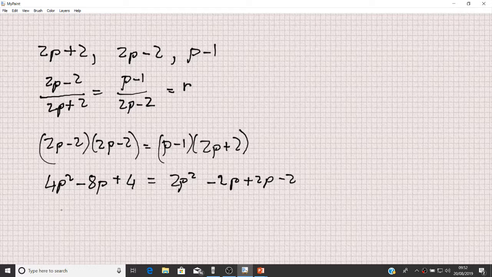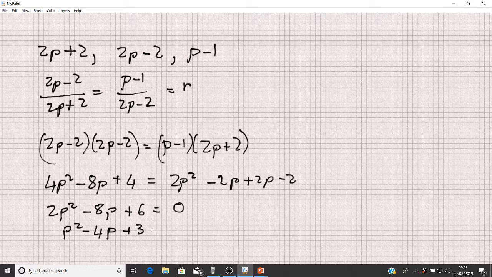And if I bring everything to the left, I'll have 2p squared minus 8p plus 6 equals 0. And I can divide out by 2, which will give me p squared minus 4p plus 3 equals 0. This one I can factor.